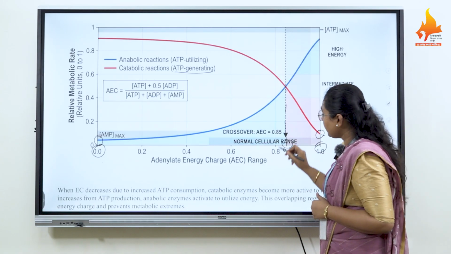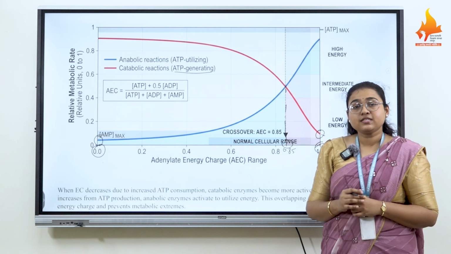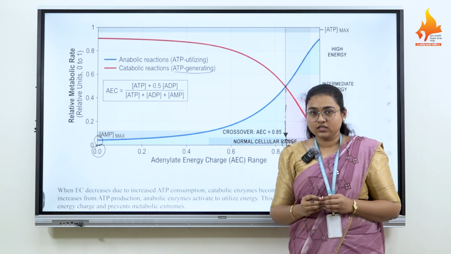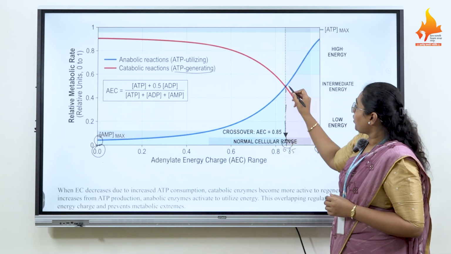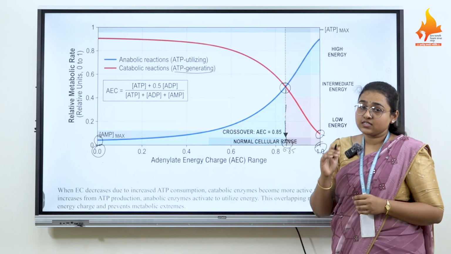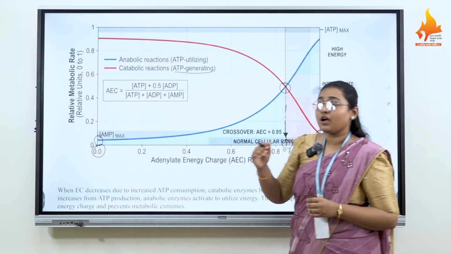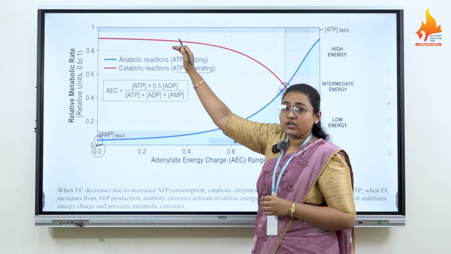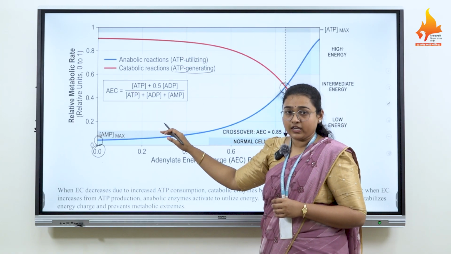The 0.85 value represents the equilibrium of the energy, where these intersecting points suggest that the cell has a similar amount of catabolic reaction and anabolic reaction.